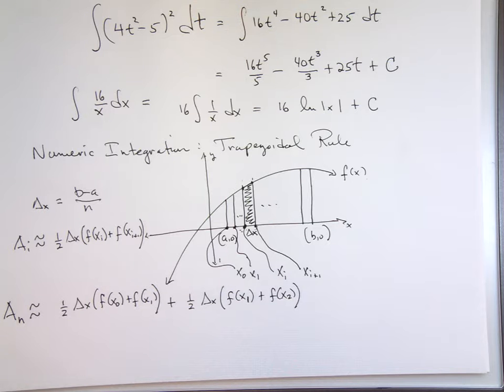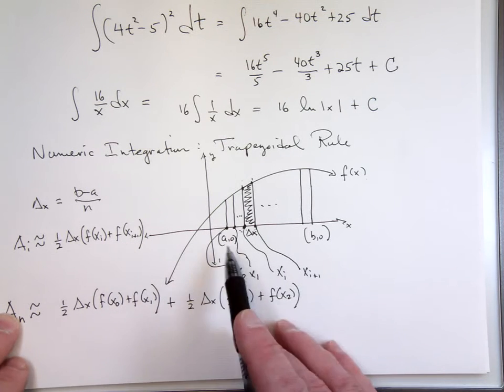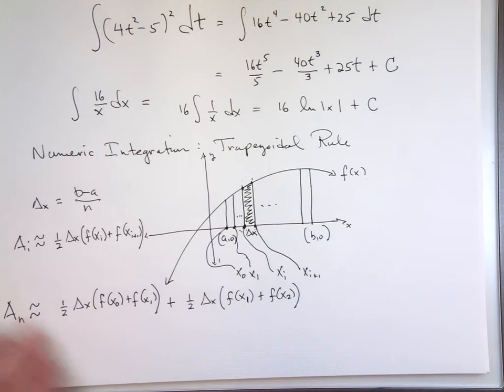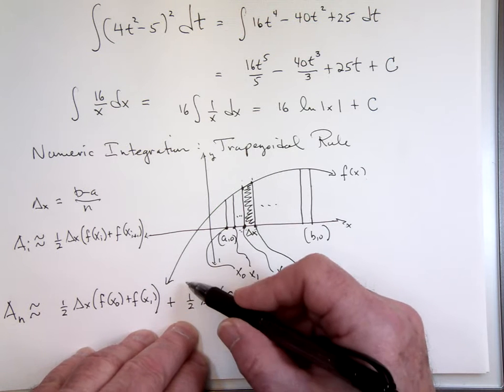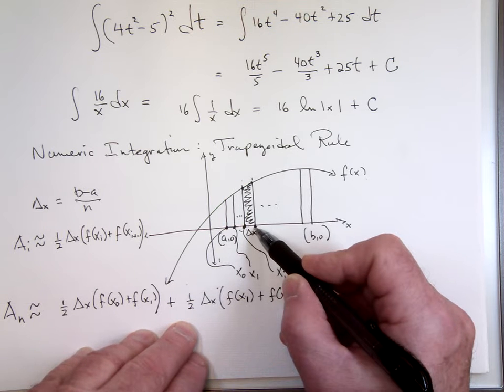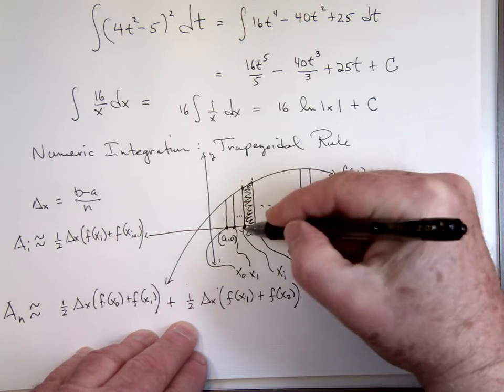Kinda, sorta. Okay. What I did here, I gave you the general form for the ith trapezoid, but now I'm starting at the beginning and adding them all up. Okay. So, the area of a trapezoid is 1/2 the height times the sum of the bases. The height of each trapezoid is delta x. The height is the distance between the two parallel bases. These are the two parallel bases. Okay?